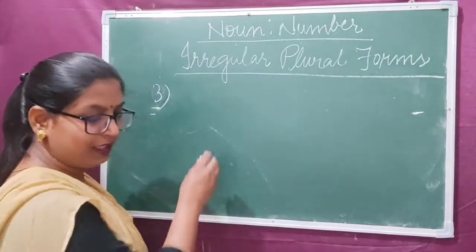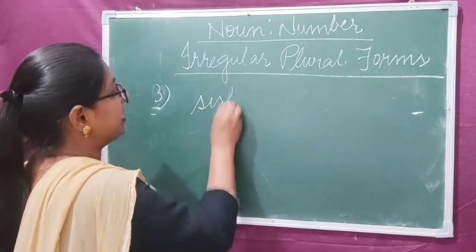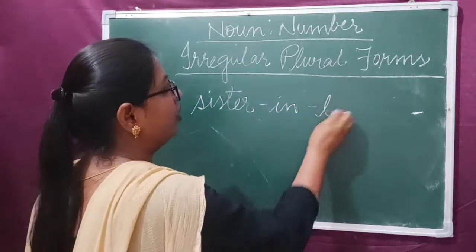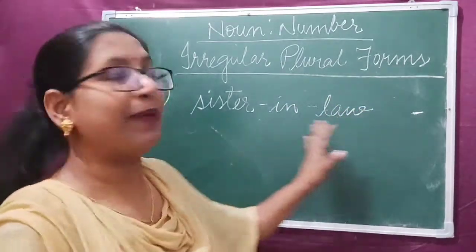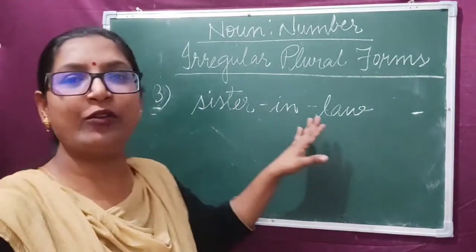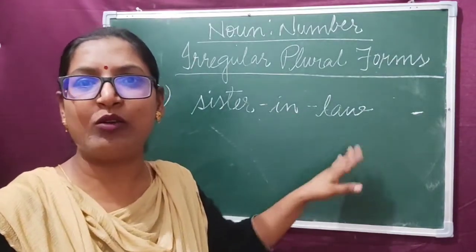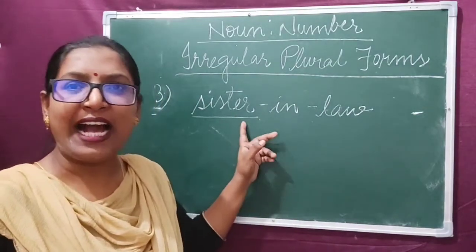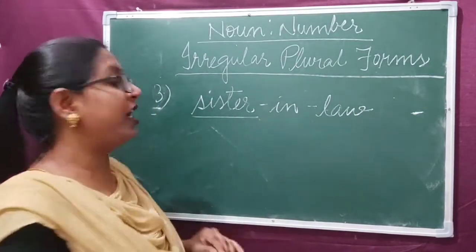For example, sister-in-law. It's a compound noun. So, what is the main word in this compound noun? Sister is the main word. We add s with it to make it plural.